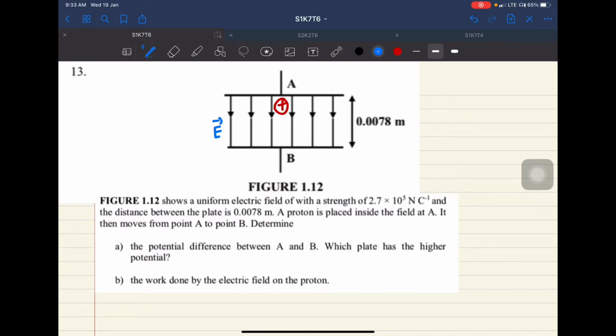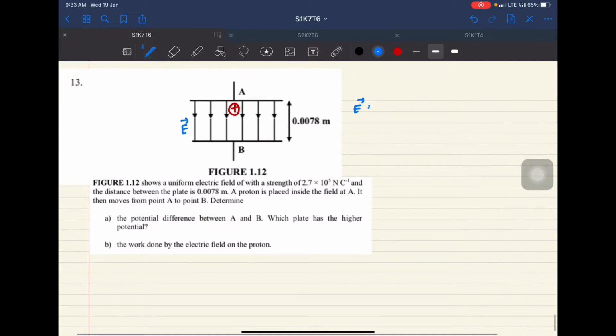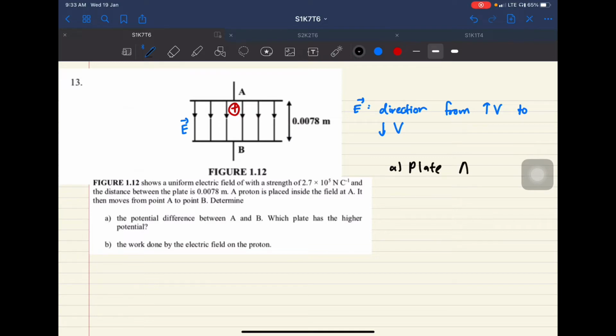And if you still remember, I always told you E's direction is from higher V to lower V. So the higher is plate A. So plate A has higher potential compared to plate B. So I can write VA is bigger than VB.